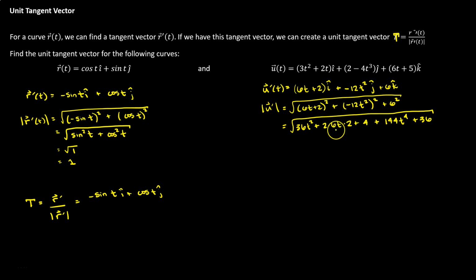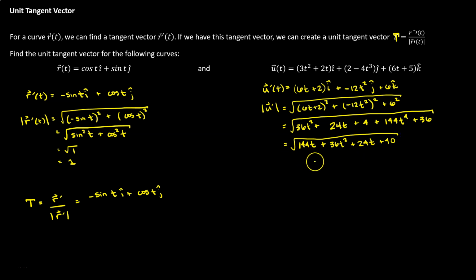My 2 times 6 times 2, my 4t. So then I can write this in descending order. And I can try and simplify this if possible.